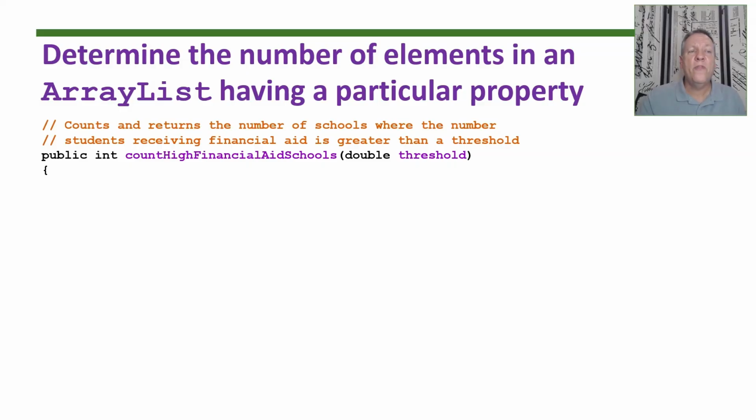So the first one, determine the number of elements in an array list that have a particular property. We're going to write a method called count high financial aid schools. So this is going to count and return the number of schools where the number of students receiving financial aid is greater than a particular threshold. So let's talk about our algorithm here. So we know we're going to have to traverse through all of the schools in our array list.